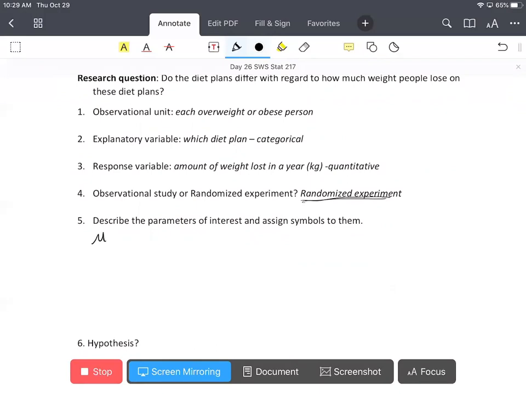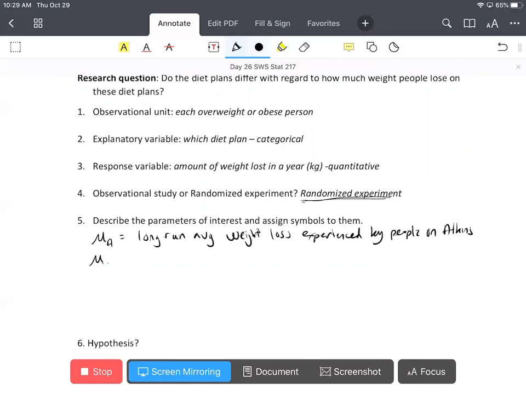Mu, and I'm going to start with Atkins. And this is the long-term or the long run average weight loss experienced by people on Atkins. Just to show you a slightly different way, we generally would want to be consistent with how we write these, but I want to show you a slightly different way.